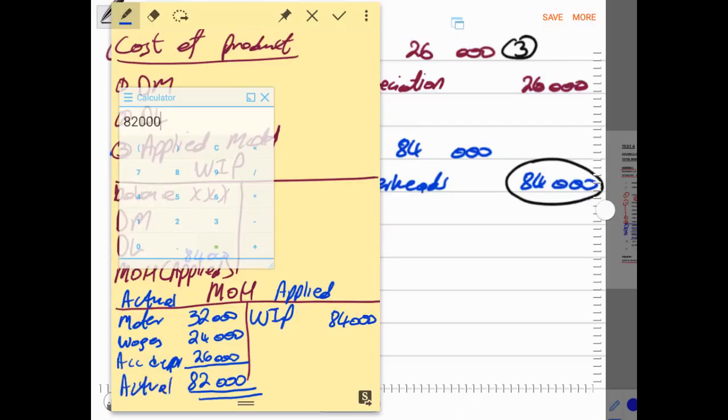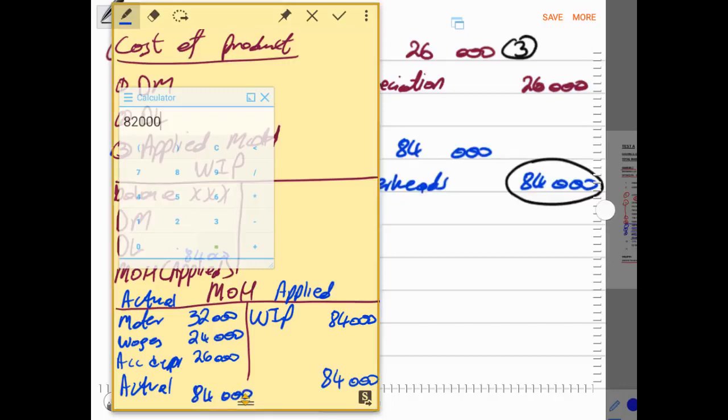This is actual. But the credit side is having an applied manufacturing overheads of 84,000 rands. So now, meaning the total here that has to be recorded, it has to be the total of the bigger side. And the bigger side is 84,000 rands. So now, meaning our estimated was 84,000 rands, and our actual was less than what we estimated.